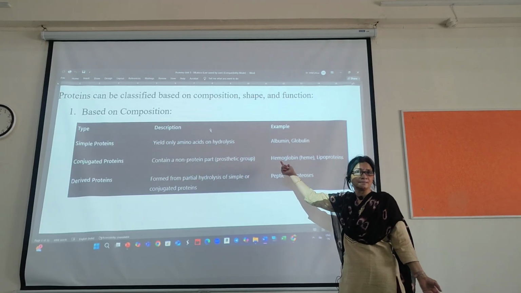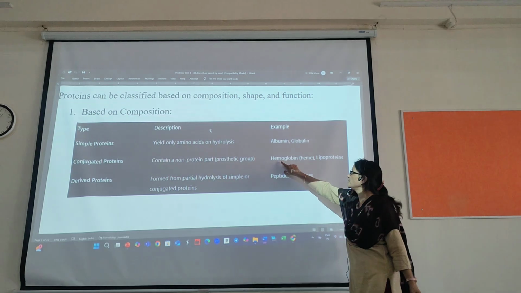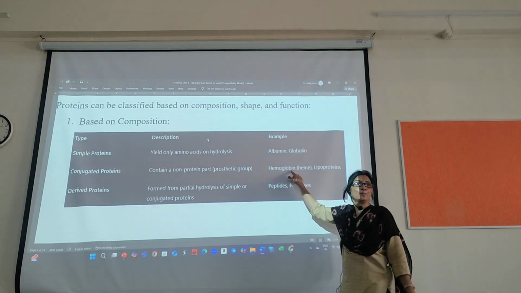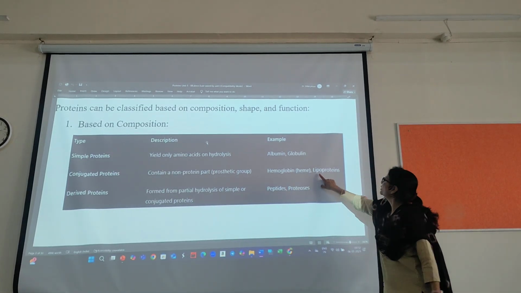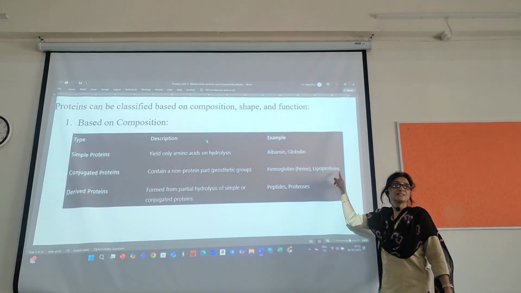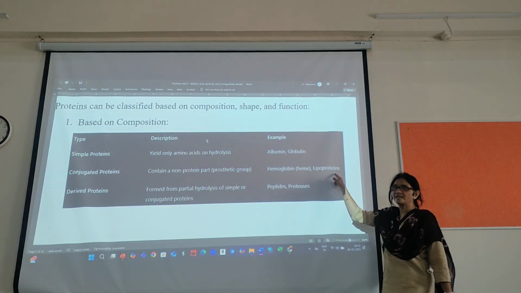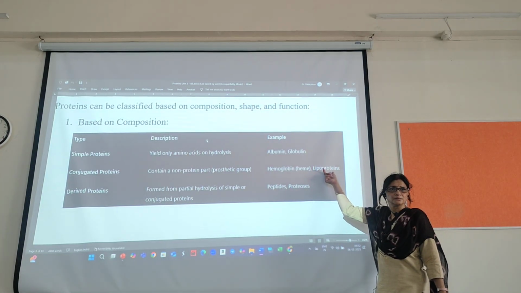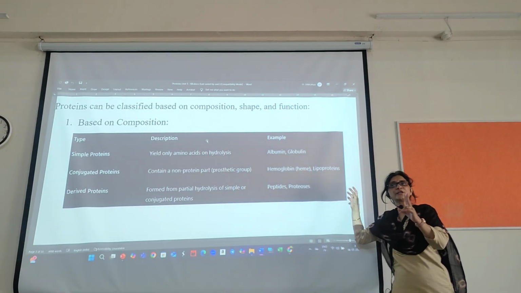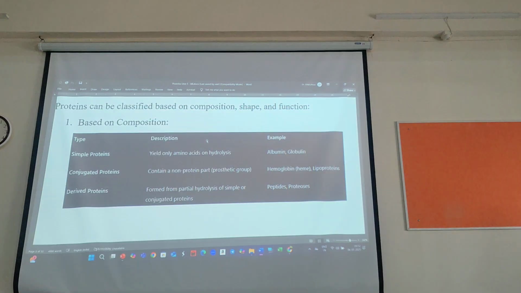Heme is iron, and globin is a protein. So heme is iron, a non-protein part, and globin is a protein part. Just like that, lipoprotein means lipid plus protein. Lipid is a non-protein part and protein is the protein part. So this is the conjugated protein: a non-protein part and a protein part together become a conjugated protein.